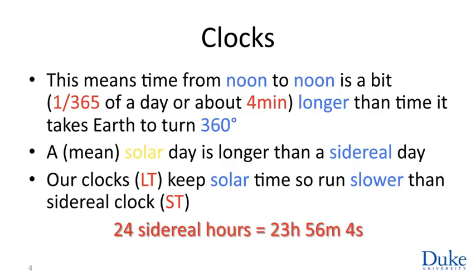The reason for this is because, as we saw, while the difference between a sidereal day, 24 hours, and the time from noon to noon is only 4 minutes, these 4 minutes accumulate over the course of a year to a complete day.